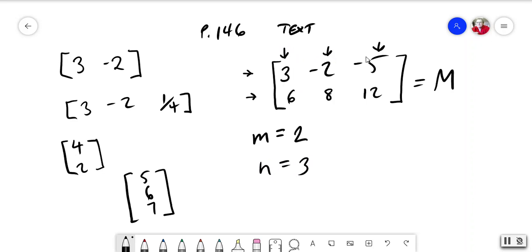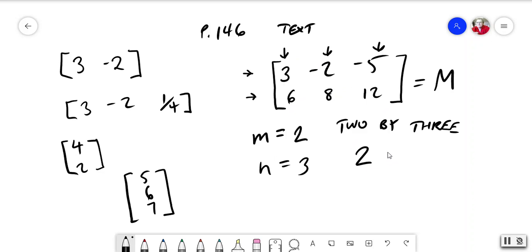So this guy has 2 rows and 3 columns. We say it is a 2 by 3, writing the words out, 2 by 3 matrix. So the number of rows comes first, 1, 2, by the number of columns, 1, 2, 3.